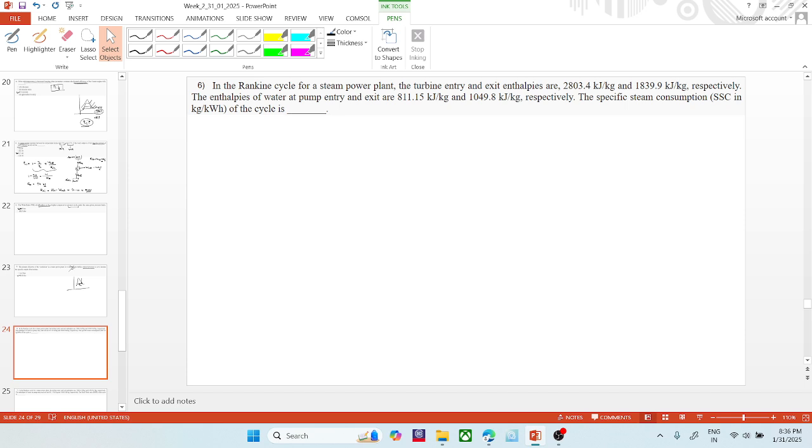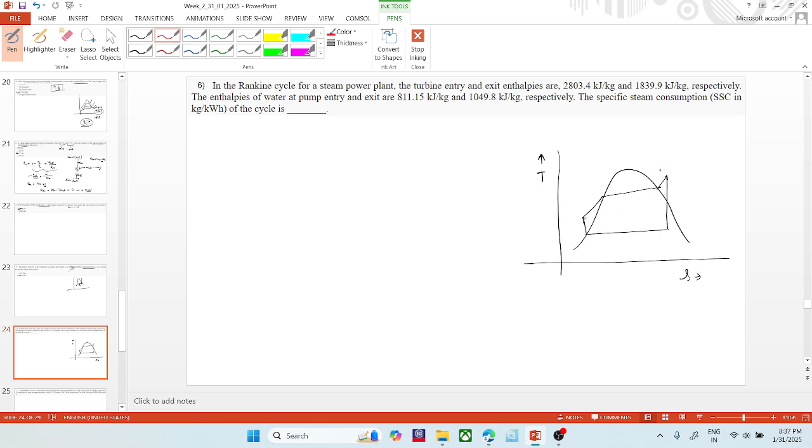Next, problem number 6. In the Rankine cycle for a steam power plant, the turbine entry and exit enthalpies are given directly, so we have nothing to worry about. In the cycle on the P and S diagram, 1, 2, 3, and 4 are turbine entry, turbine exit, condenser exit, and pump exit.